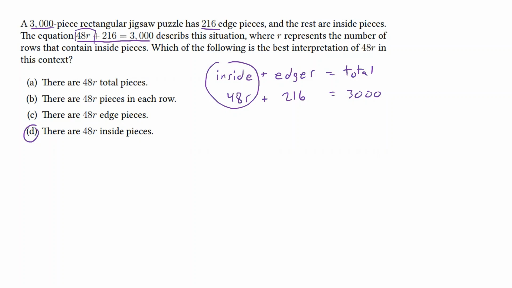Another way to think about this is starting with the equation 48r plus 216 is equal to 3,000. Since we know that this specific number, 216, has to do with the edge pieces, and that the 3,000 is the total, the remaining pieces is 48r.